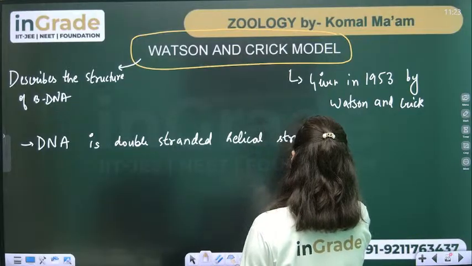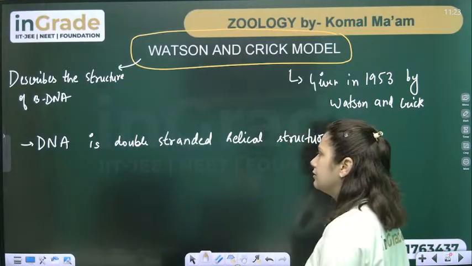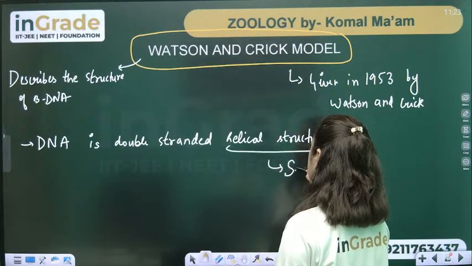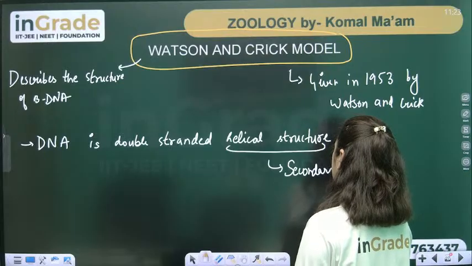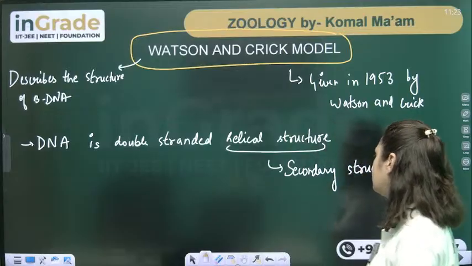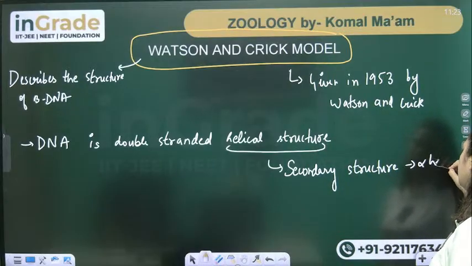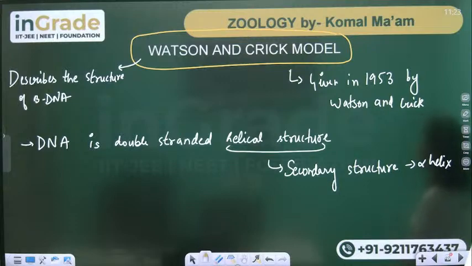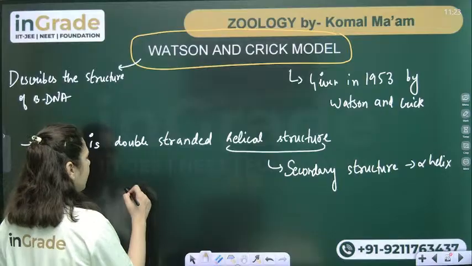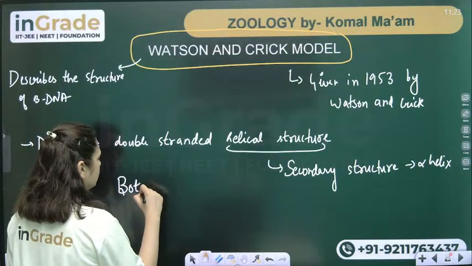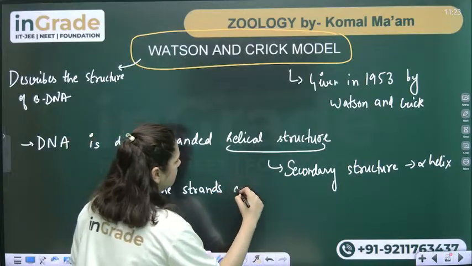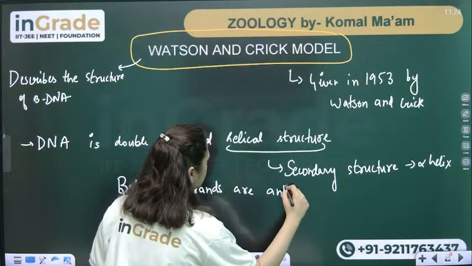That means it is a secondary structure, as we have discussed in proteins, that is the alpha helix structure. Both the strands are anti-parallel in direction.